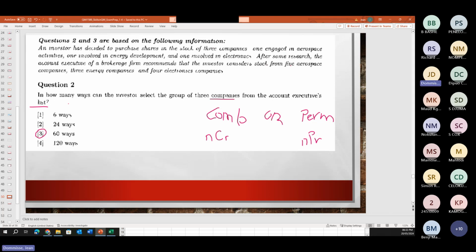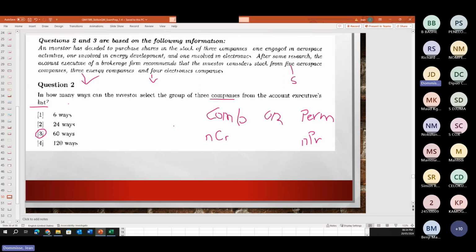So the numbers were 5, 3, and 4. I would have just said 5 times 4 times 3, and that will be the combinations that it can happen. Is that what you would have done as well, or would you have said it differently?